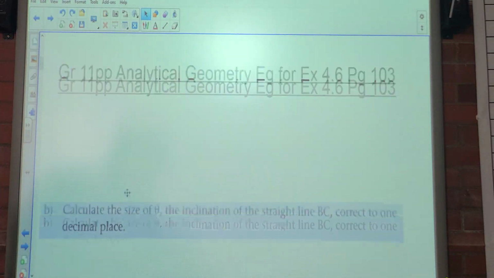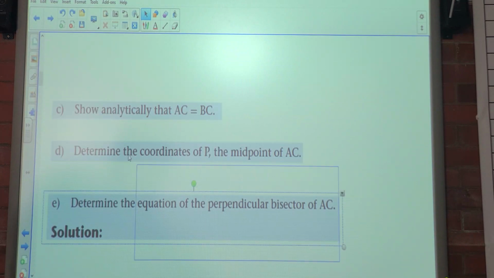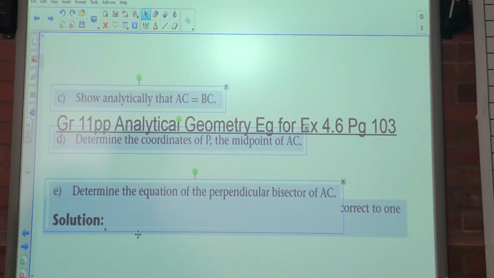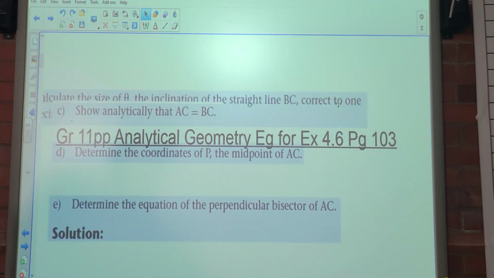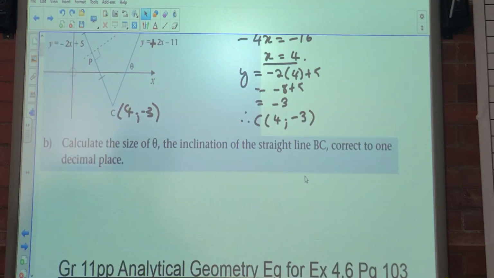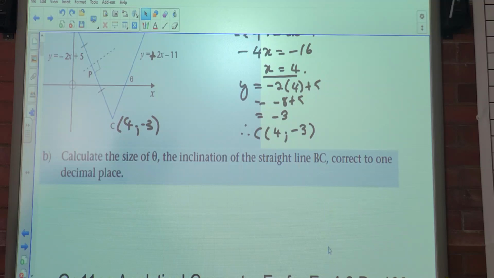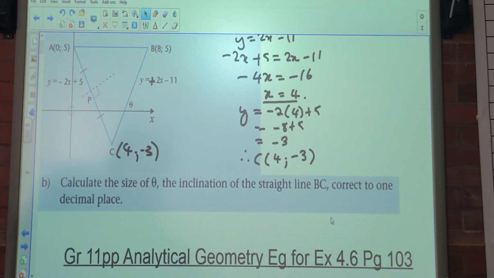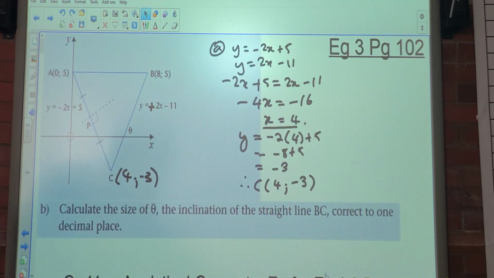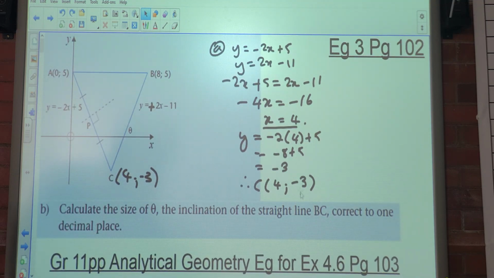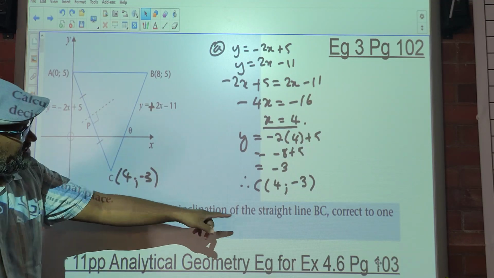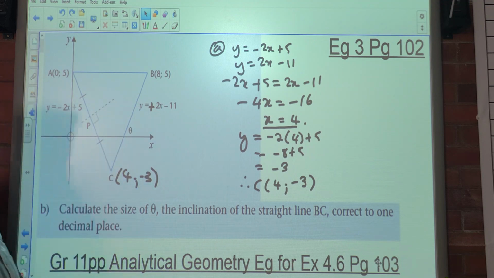Okay, let's look at B. Okay, so the B part of the question says calculate the size of theta, the inclination of straight line BC, correct to one decimal place.